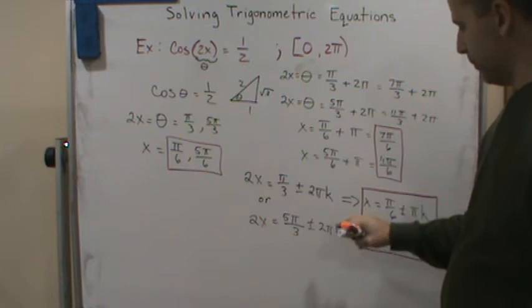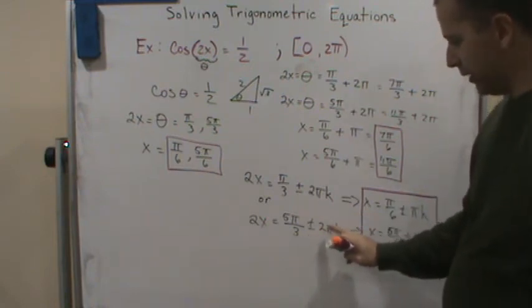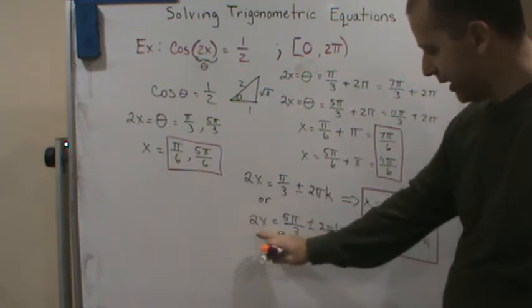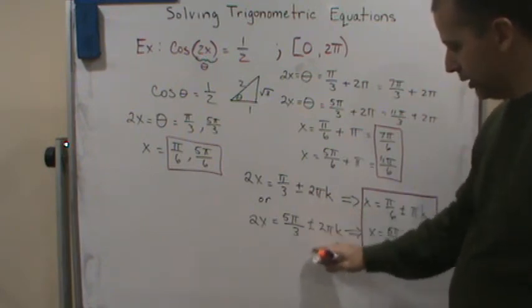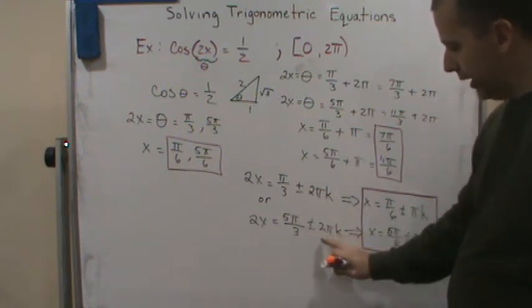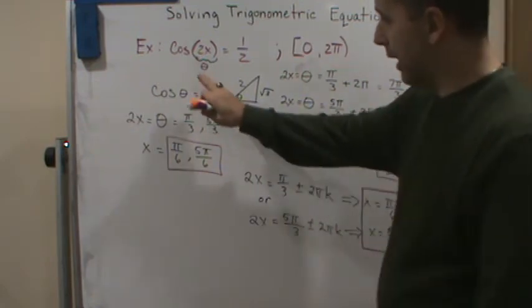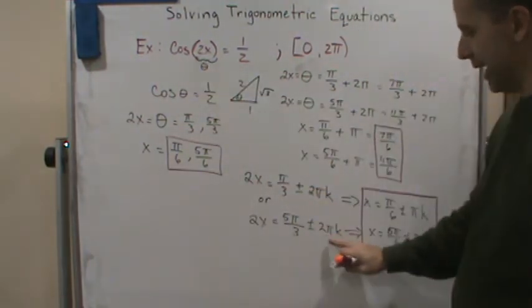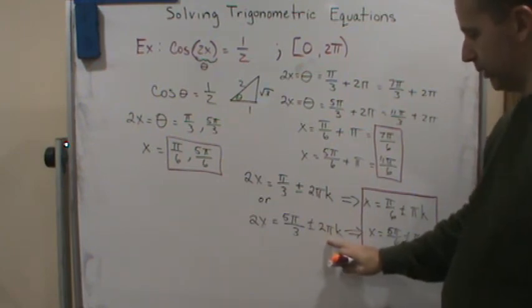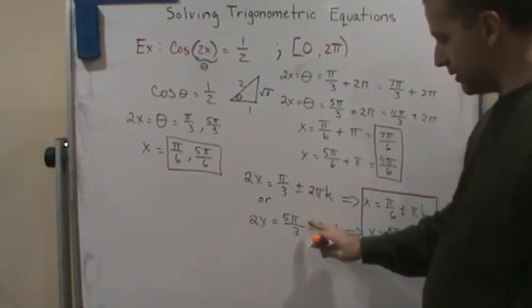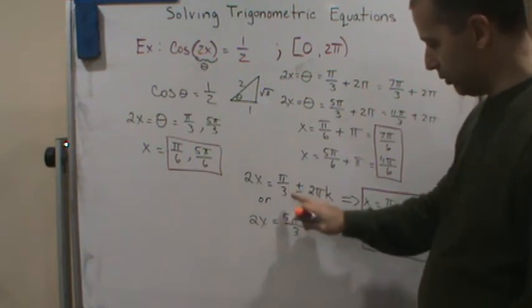If I look at it in terms of theta, and how many times I have to go around the circle, whatever this constant is, that's going to tell me how many times I go around the circle. If I go around the circle once, that's going to give me these two.